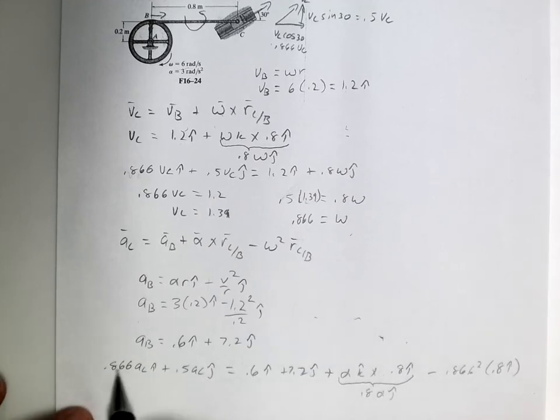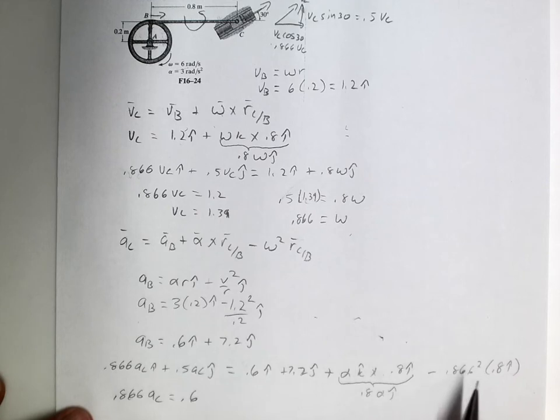Okay, so 0.866 AC in the I direction is equal to 0.6 in the I direction. That's J, that's J. This comes to 0.6 also. So negative 0.6 in the I direction, and AC is equal to 0.